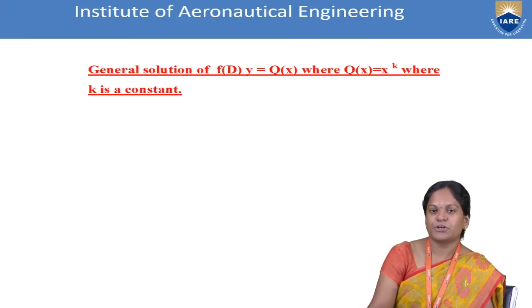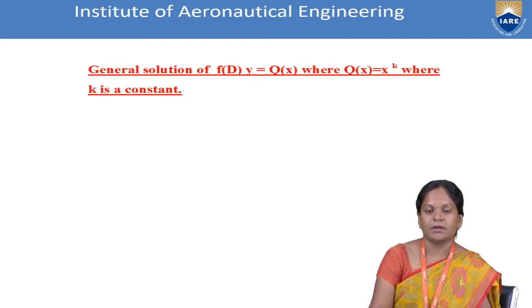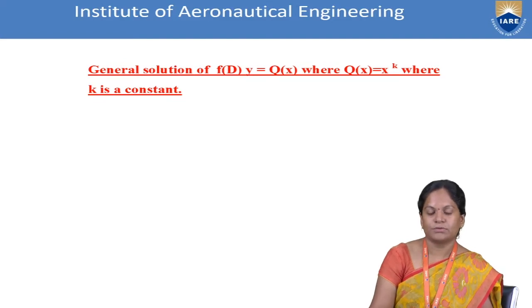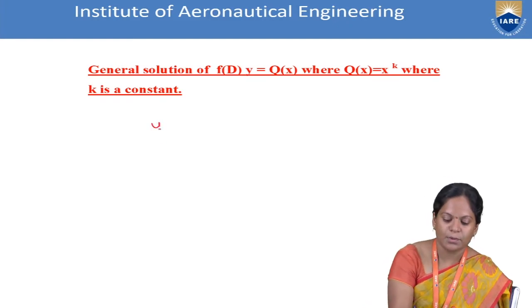So, the general solution of f of D into y equal to Q of x. Here, particularly Q of x equals x power k, where k is a constant. Already we have the solution of the linear differential equation with constant coefficients f of D into y equal to Q of x. What is the complete solution? y equals yc plus yp.